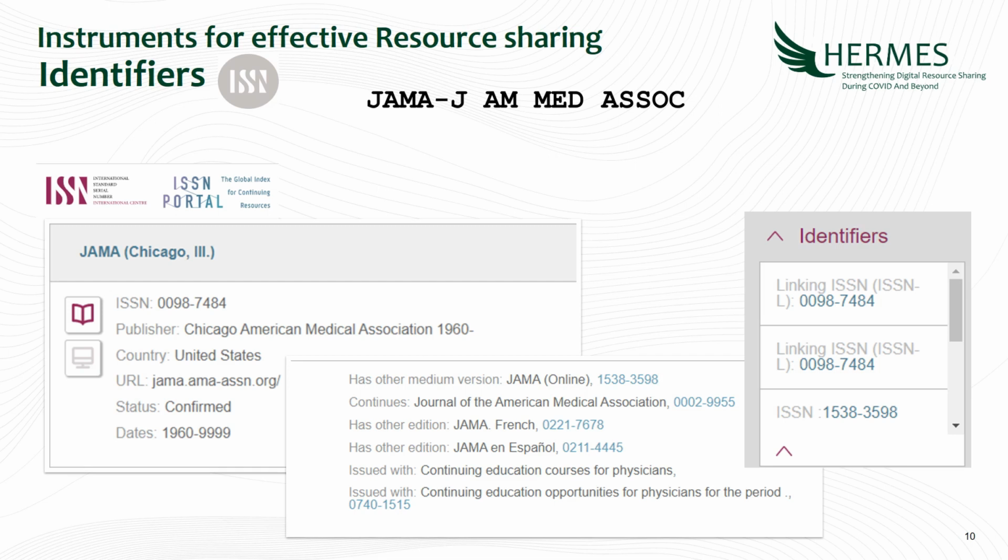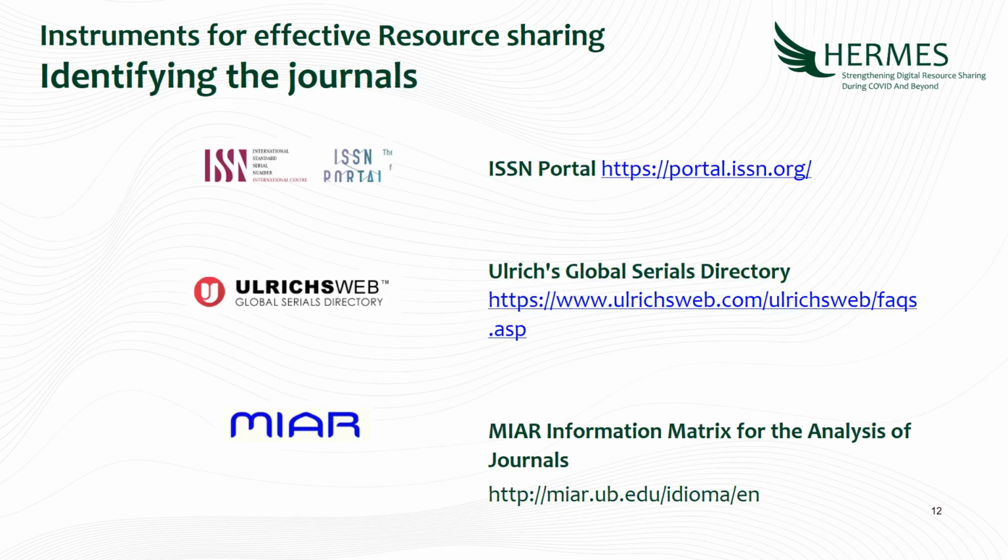There are so many ISSNs that now there is another one, the ISSN-L, that is like a link between all the ISSNs of the journal. But anyway, it's the ISSN of the printed version.